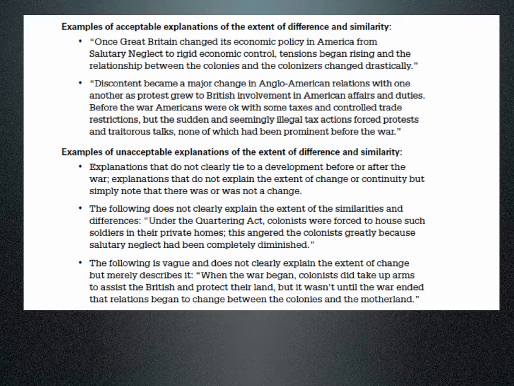I like at the top, under acceptable explanations, the student using the term salutary neglect, and also in the second example, protests, and also talking about the issues with taxes and controlling trade, and these specific things that had occurred.